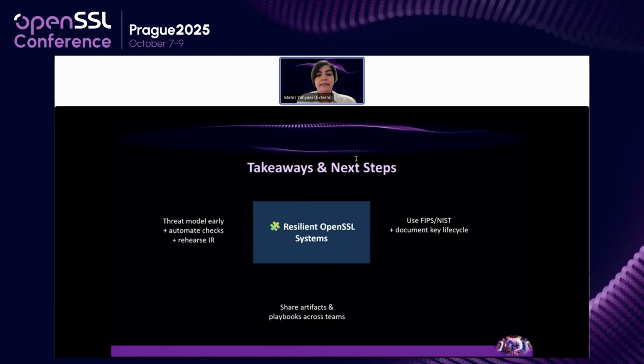And ultimately, I'm going to say that resilient OpenSSL systems, based on this conversation, require proactive design and operational discipline.